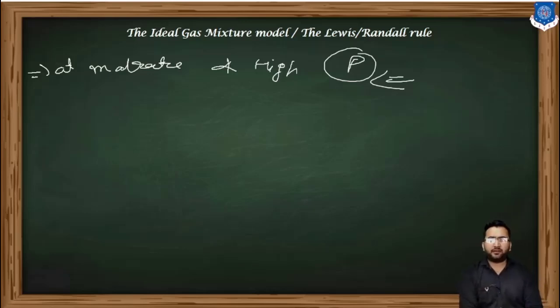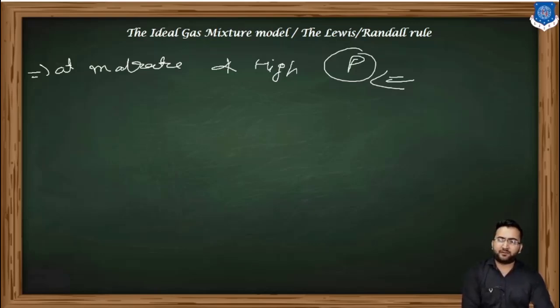The Lewis-Randall rule states that the fugacity of each component in an ideal solution is the product of mole fraction and fugacity of the pure component at the same temperature, pressure and composition.